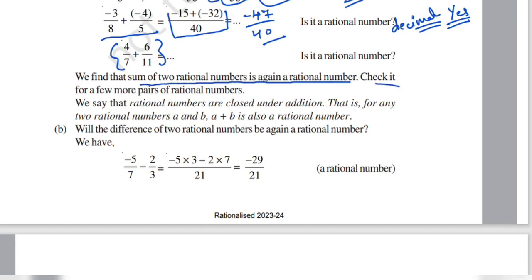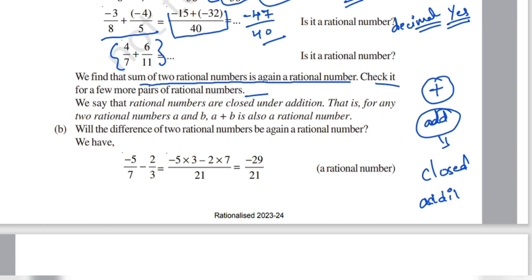Check it. Whenever we take any two rational numbers and add them, we get a rational number. That means rational numbers are closed under addition. This is one of the properties of rational numbers.